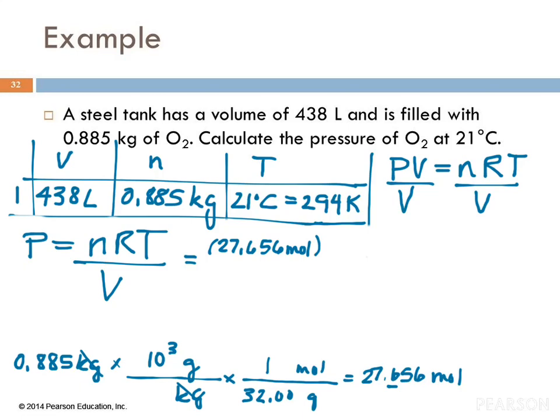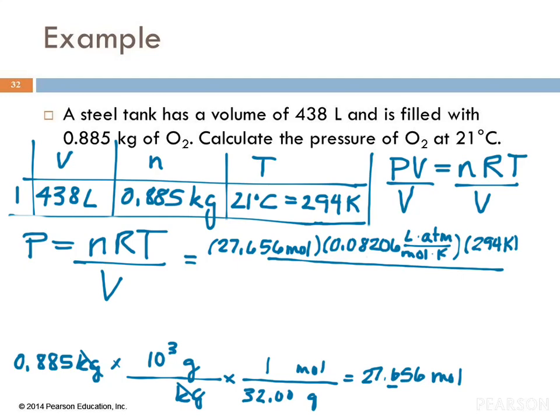R is something you need to memorize. 0.08206 liter atmospheres per mole Kelvin, very messy units, times the temperature in Kelvin, 294 K, and all of that divided by the volume, which is 438 liters.